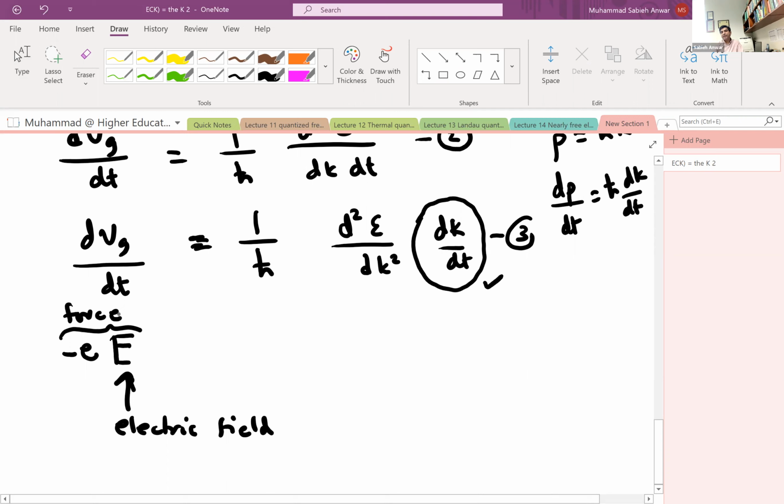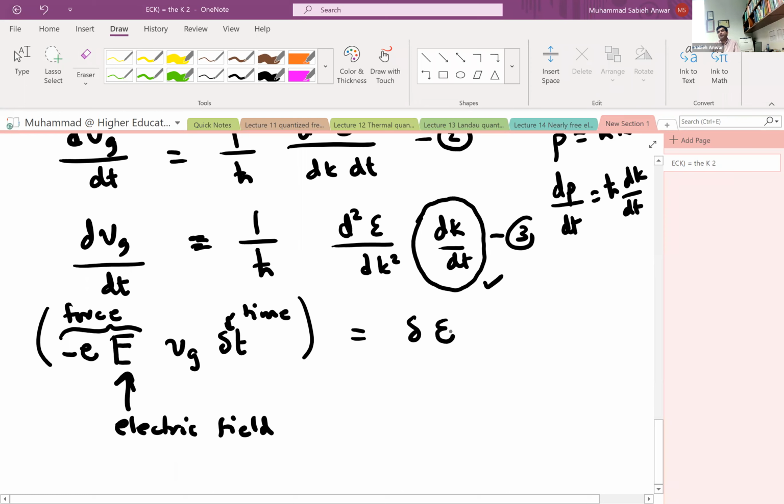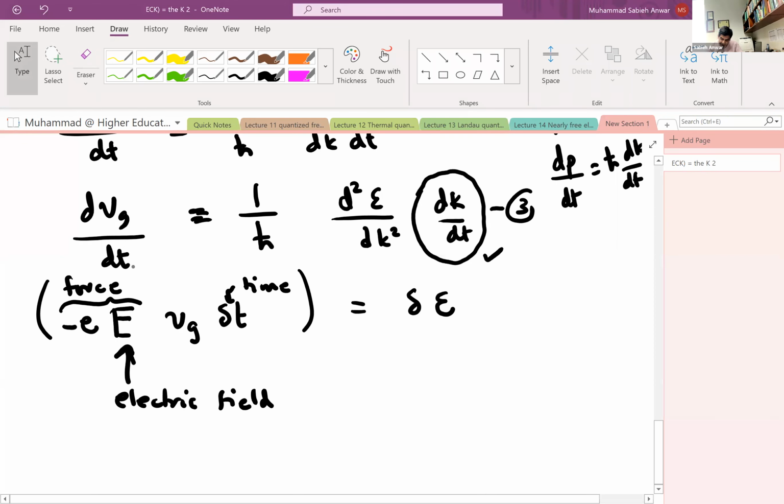If I look at the work energy theorem, whenever a force acts on an electron through some distance, which I would say is Vg delta t, where delta t is the time, then all of this is going to give me the change in energy in time delta t. Okay, so far so good. Now the change in energy I can always write as dE over dk times dk.